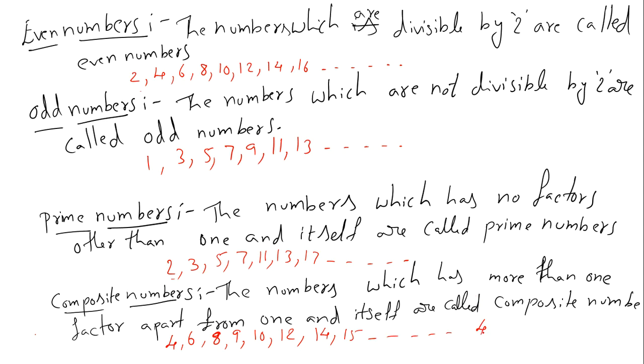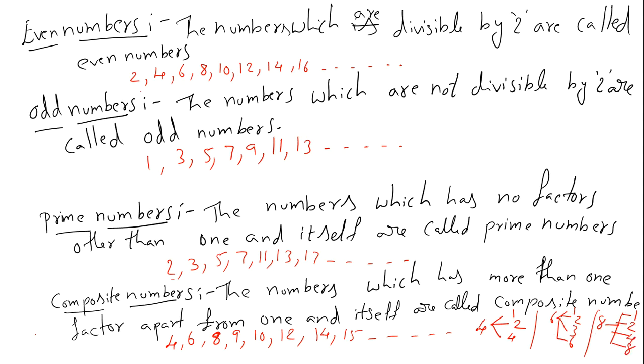Now see here 4. What are the factors of 4? 4 has 1, 2 and 4. And what are the factors for 6? 6 has 1, 2, 3 and 6. And what are the factors of 8? See here, 1, 2, 4, 8.